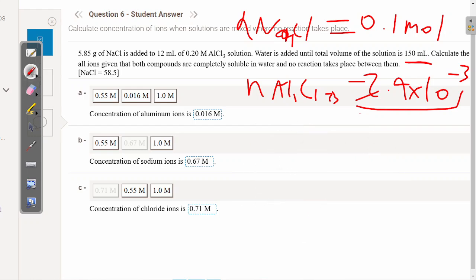And then for chlorine, or chloride ion, it's in both of them.